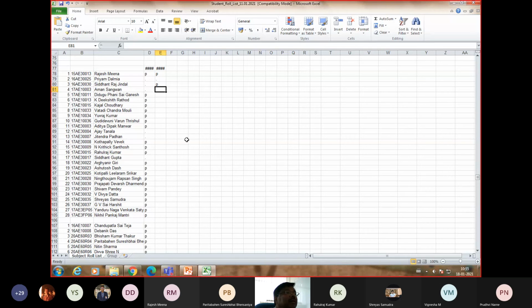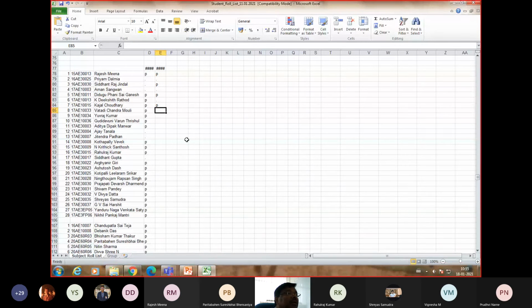Aman Sangban, Fali Sai Ganesh, present, sir. Dikshit Rathod, Kajal Chaudhary, present, sir.